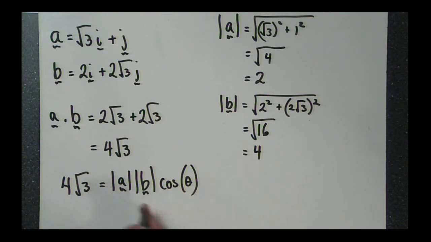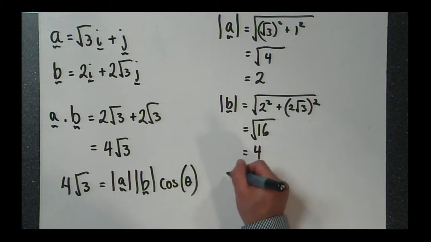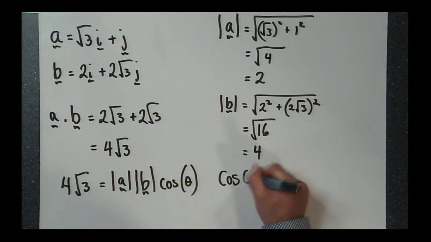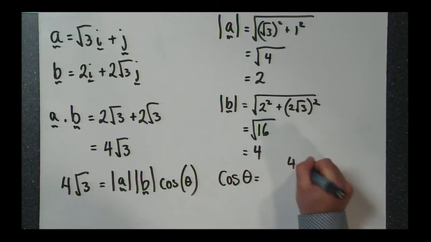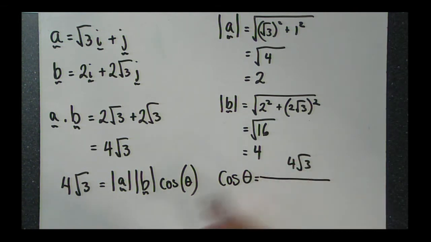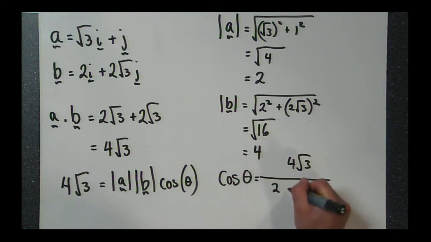Okay, so then I know that if I rearrange this formula, so I get cosine of theta equals 4 root 3 divided by, so dividing it by the magnitudes of A and B, so 2 times 4, which is 8.